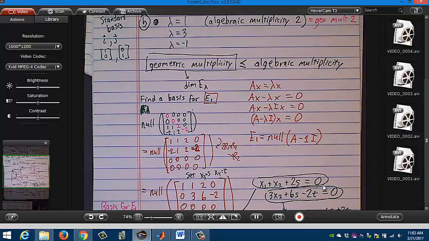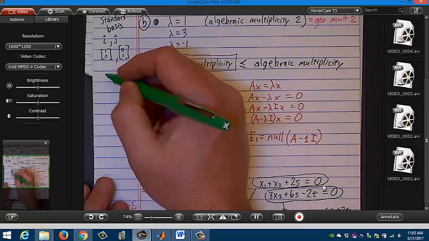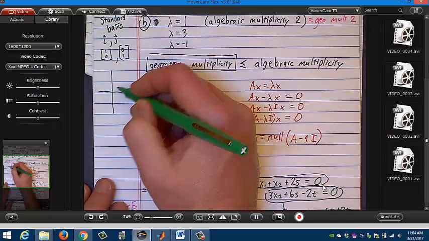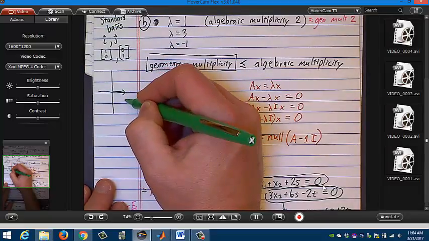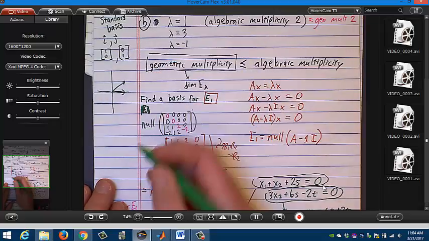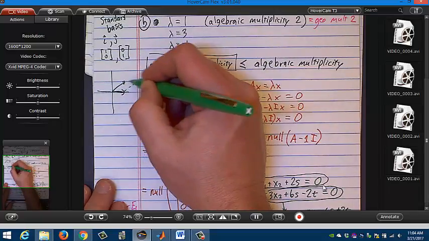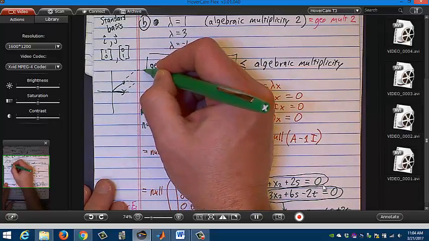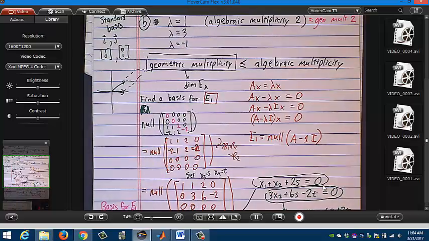Or if you do R3, it's I, J, and K. But you could also get any point in R2 by taking, I don't know, 1, 0 and 1, 1. And we showed the first day of class how you could just make your graph paper a bunch of parallelograms. Remember that? That's kind of cool also.